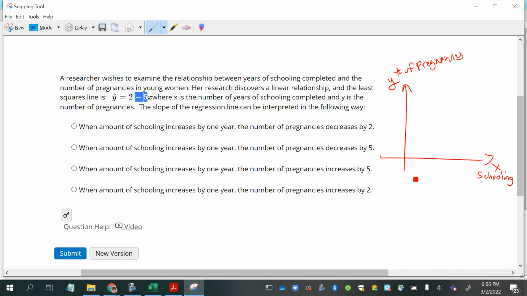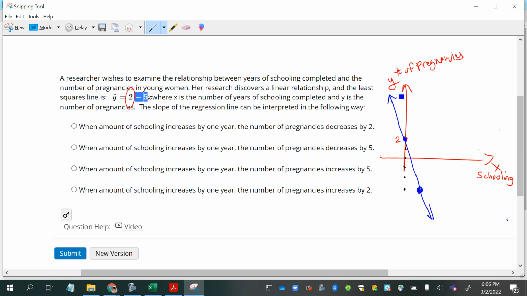So that means that from the y-intercept of 2 to get to another point and create a line, you would go, let's get a different color here. From here, you would go down 1, 2, 3, 4, 5, and then over to the right 1. So it's a pretty steep decline. And then you get this line here.